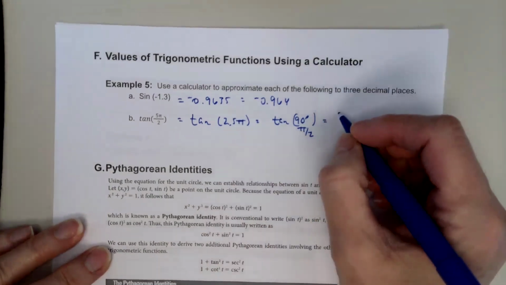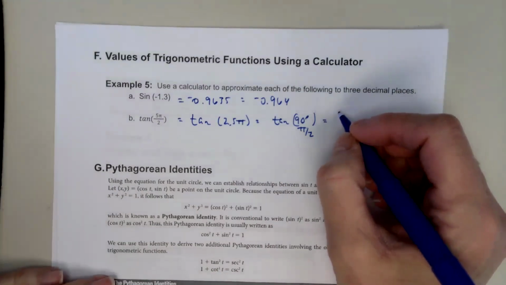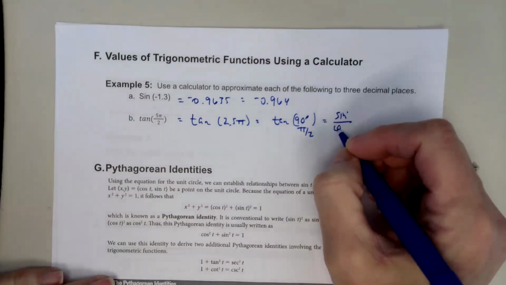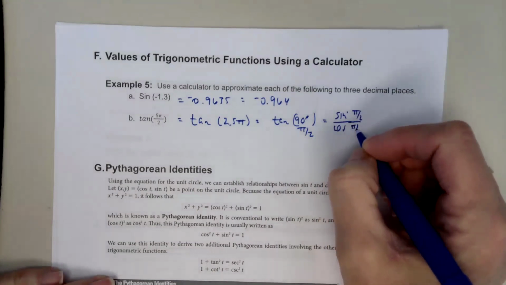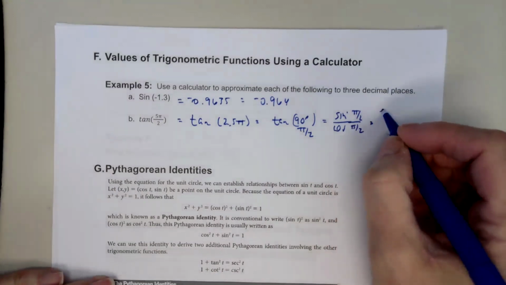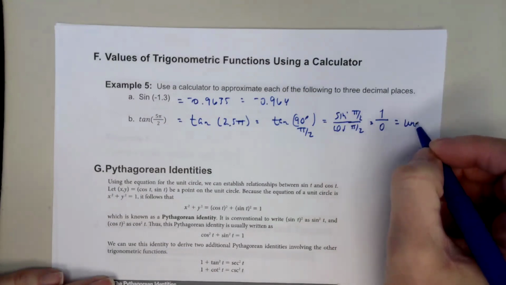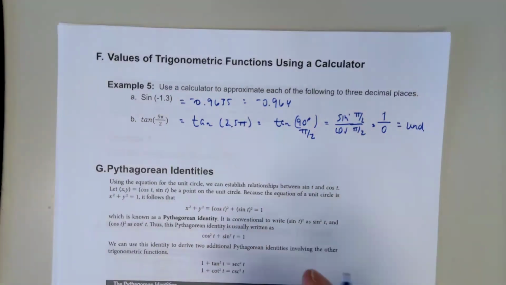And tangent is opposite over adjacent. So tangent is sine over cosine. So sine at pi over 2 over cosine at pi over 2. Sine at pi over 2 is 1, but cosine at pi over 2 is 0. So that's why it's undefined. And it will tell you that on the scientific calculator, but I wanted to show you why.